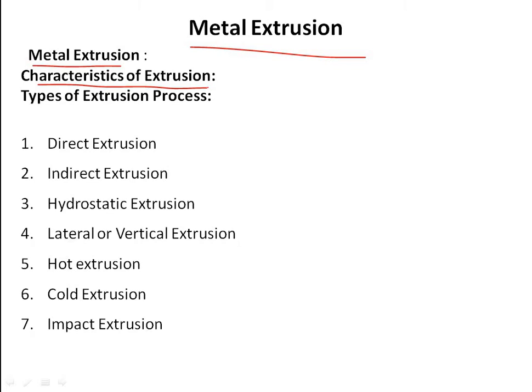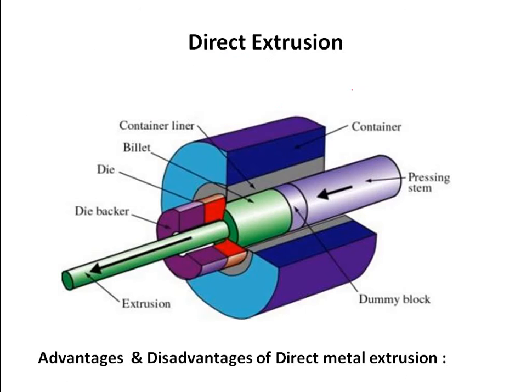Last one, that is the characteristics, a minimum wall thickness of 1 mm to 3 mm could be achieved. Next one will be the types of extrusion process. First one is direct extrusion, second one indirect, third one hydrostatic, fourth one lateral or vertical extrusion, fifth one is hot extrusion, sixth one is cold extrusion, and seventh one is impact extrusion.